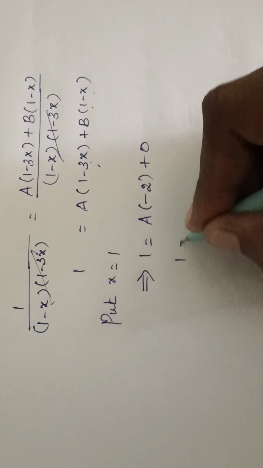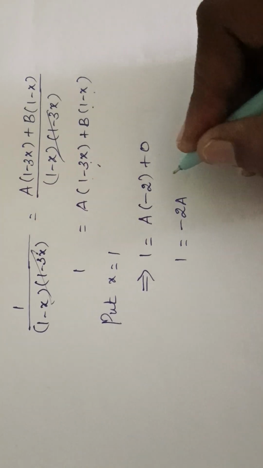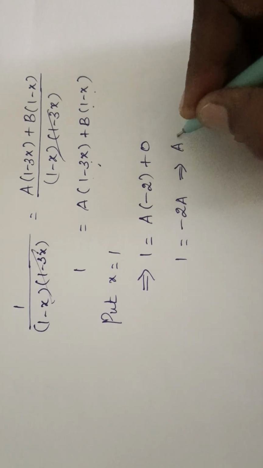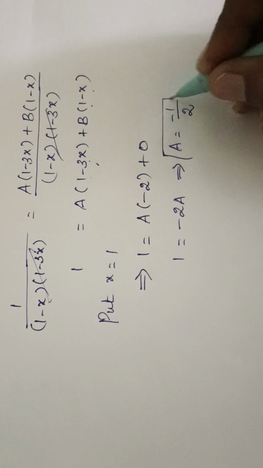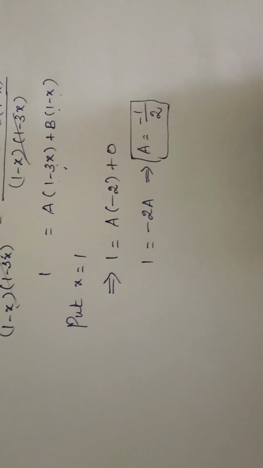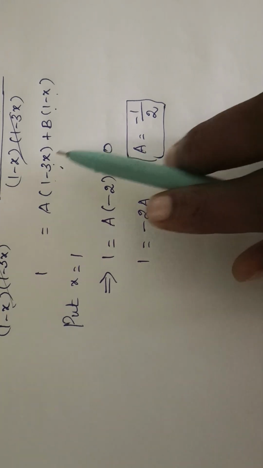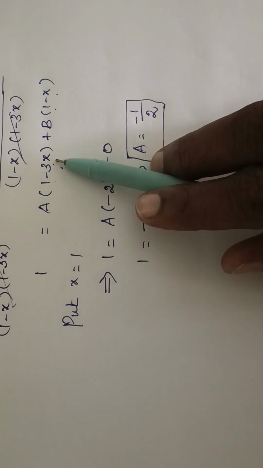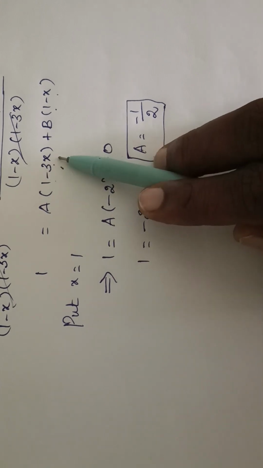So finally 1 is equal to a into minus 2, that is minus 2a. So a value is minus 1 by 2. So we got the a value. Next the b value. Any number, x equal to, what is possible? 1 by 3. 1 by 3 means 3 cancels, 1 minus 1 is 0. So that is one way.